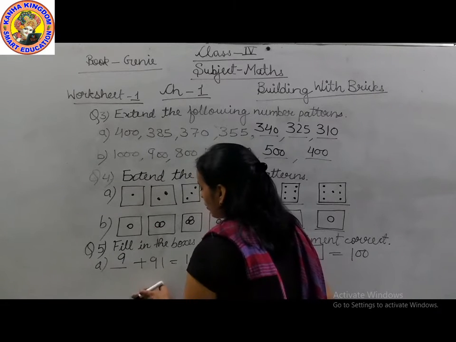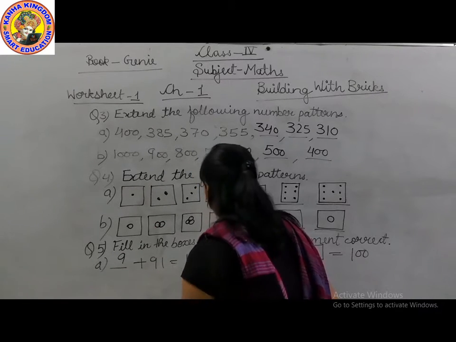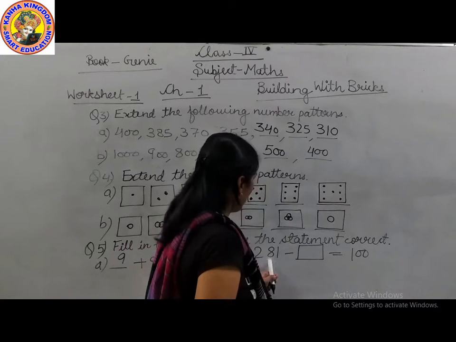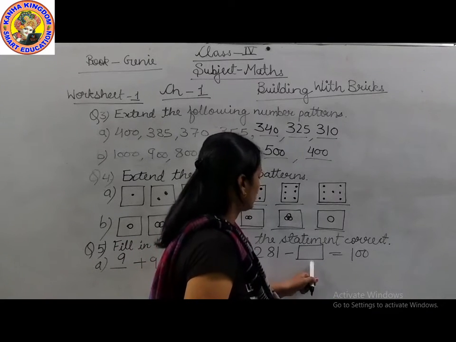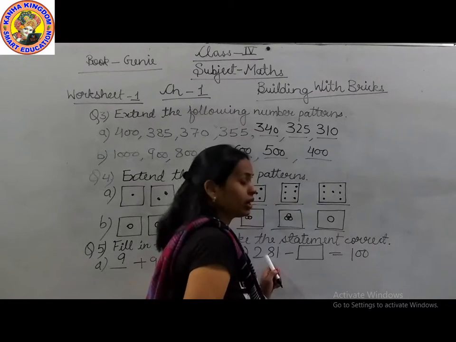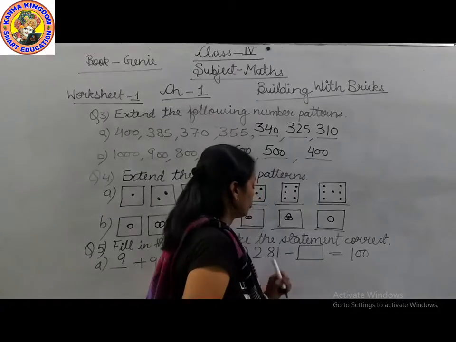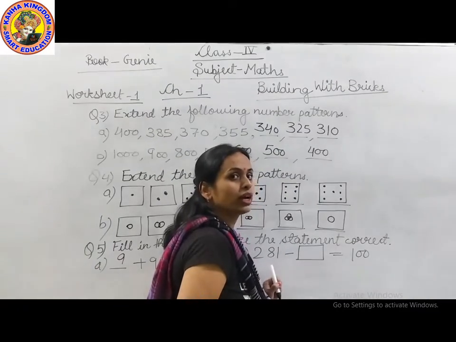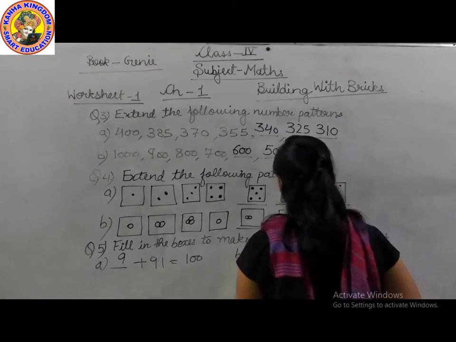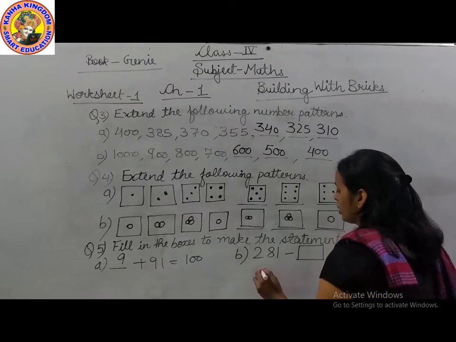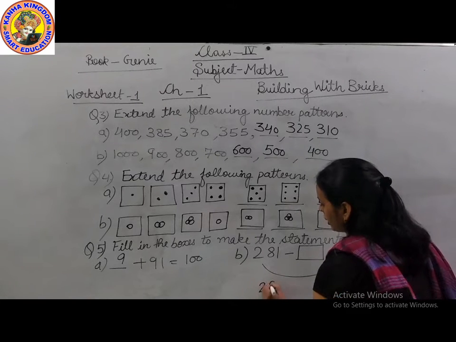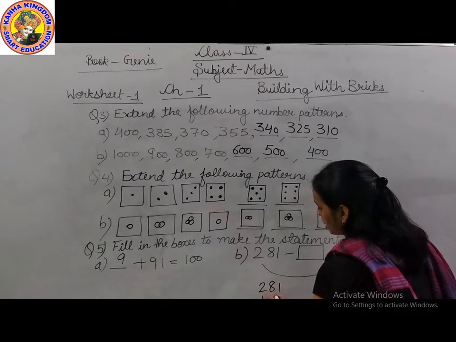Okay. 9 plus 91 equals 100. Now next is 281 minus blank equals 100. In 281, which number do we subtract from 281 to get 100? So first we subtract 100 from 281.